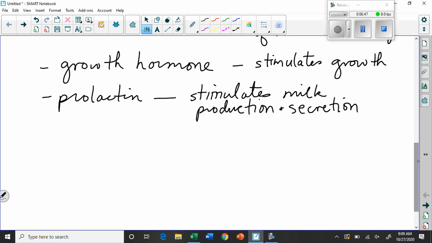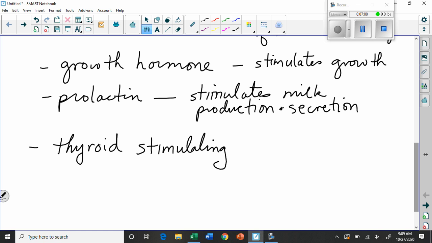Thyroid stimulating hormone, though, that's a good one to do. Your thyroid is another gland, and so the thyroid stimulating hormone is a hormone released by the pituitary, which then activates or influences the thyroid.